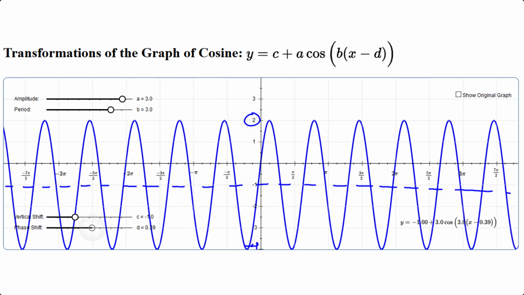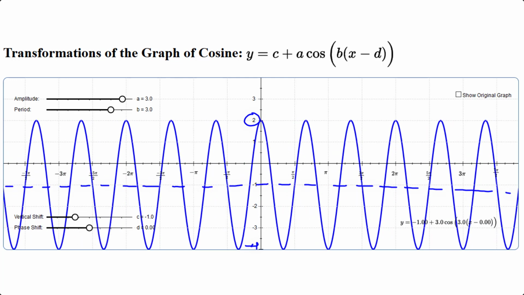The phase shift works in the exact same way as well. It's just going to shift you to the left or to the right. The important thing is to make sure, if you have a phase shift and a period change, that you have it written in this way where the period is factored out of the phase shift, so that these things will work independently of one another.